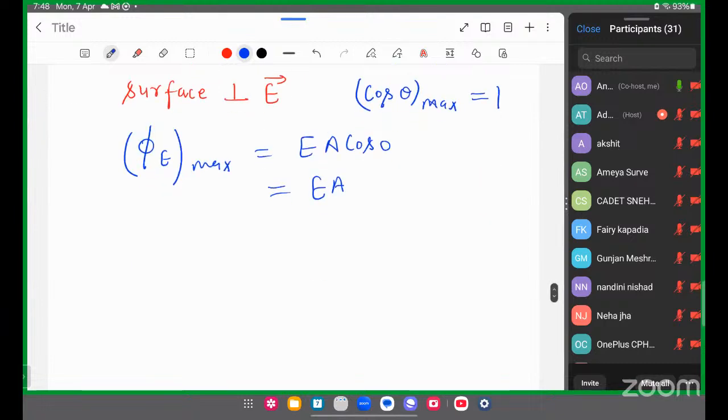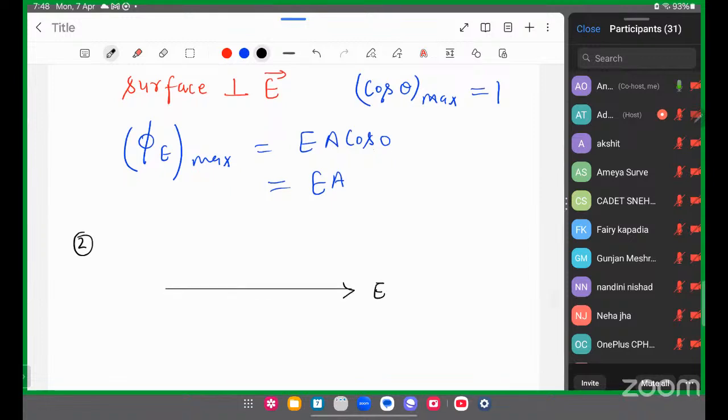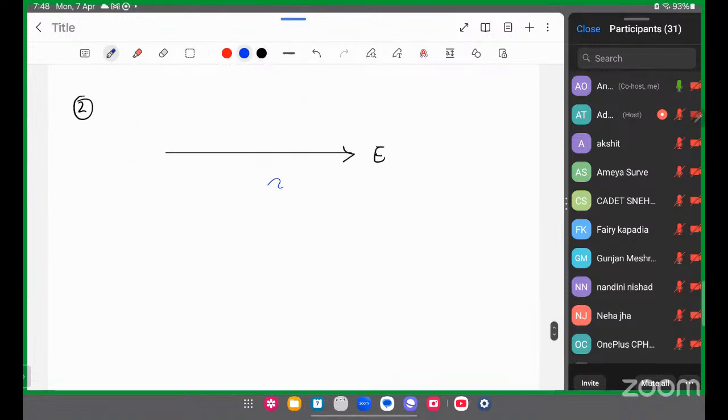Second case: this is electric field E and the surface of interest is parallel to the electric field. If the surface is parallel to the electric field lines, in that case the area vector of the surface will be perpendicular to the E vector. Are you getting it? If the surface is parallel to E vector, then the area vector of the surface will be perpendicular to the electric field.